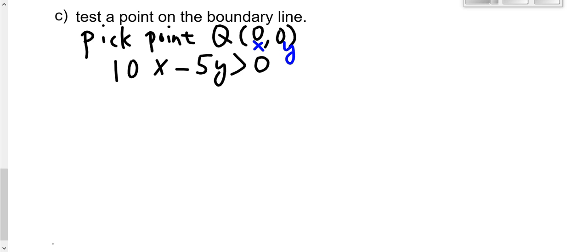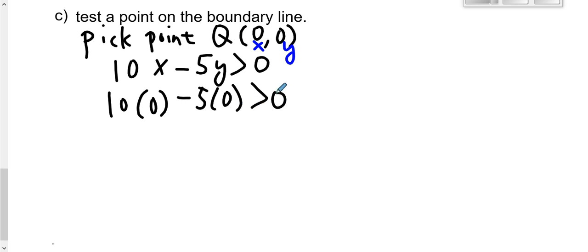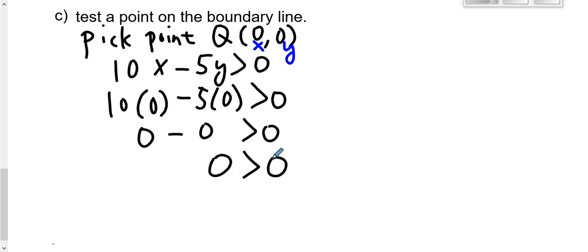Substitute 0 for x and 0 for y. So 10 times 0 minus 5 times 0 on the left, right hand side is greater than 0. And then 10 times 0 gives you 0, minus 5 times 0 gives you 0, greater than 0. Left hand side, 0 minus 0 is of course 0. Right hand side is 0. Now when you look at this, hope you can see that 0 is not greater than 0.